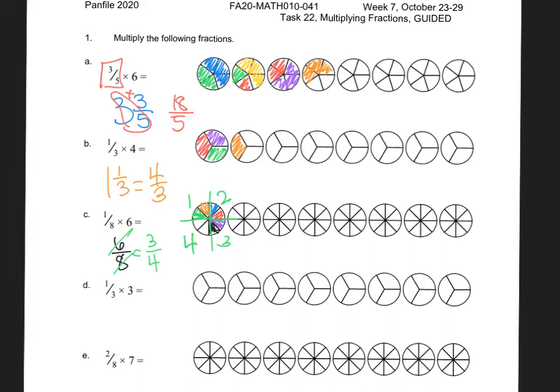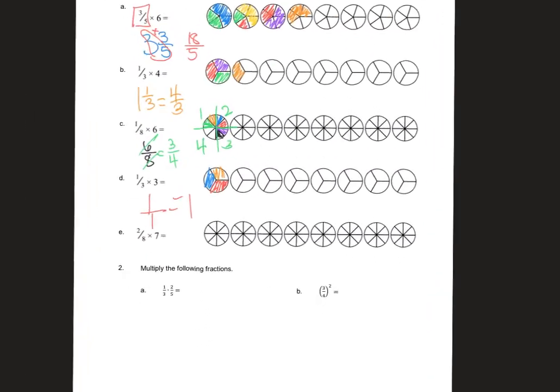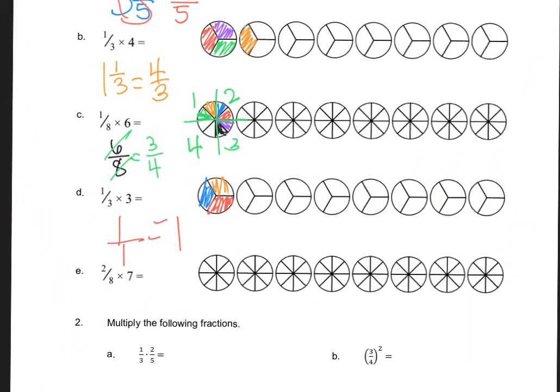Okay. Here's 1, 2, 3, because we have 1/3 times 3. And what do we really have? We have 1/1, or just 1, a whole circle. Okay. 2/8.